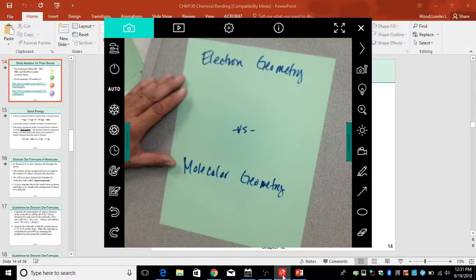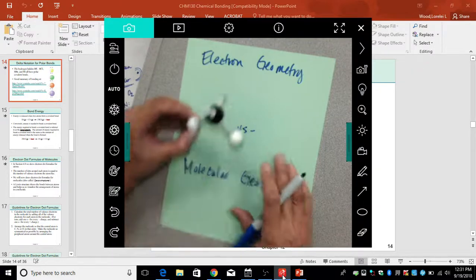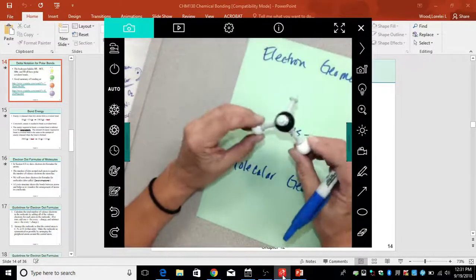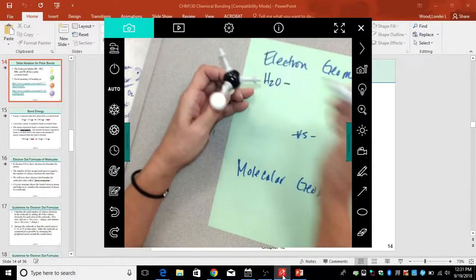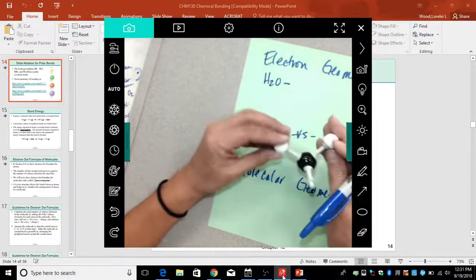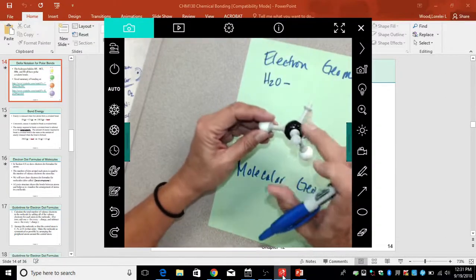All right. Electron geometry is just the geometry that the electrons are creating on their own without taking into account what's bonded to them. So you're just looking at the lobes of repulsion on an electron. So if we look at water molecule, electron geometry of water molecule is, now how many pieces are around it? How many lobes of repulsion? 1, 2, 3, 4.